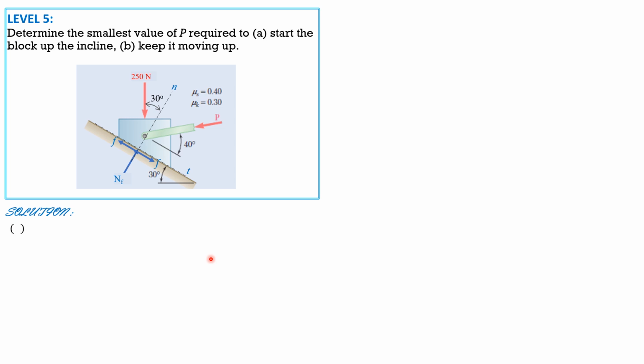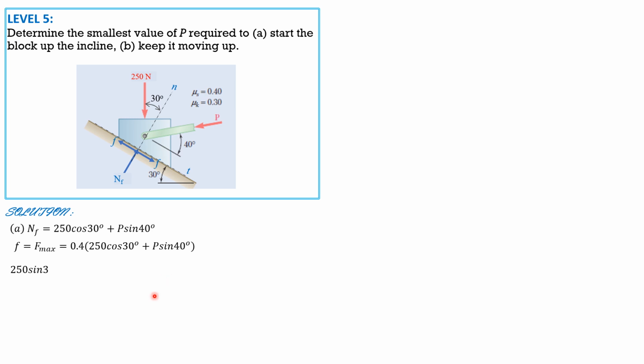So N equals 250 cosine of 30 plus P sine of 40 degrees. So F equals F max equals 0.4 of 250 cosine of 30 degrees plus P sine of 40 degrees for part A.